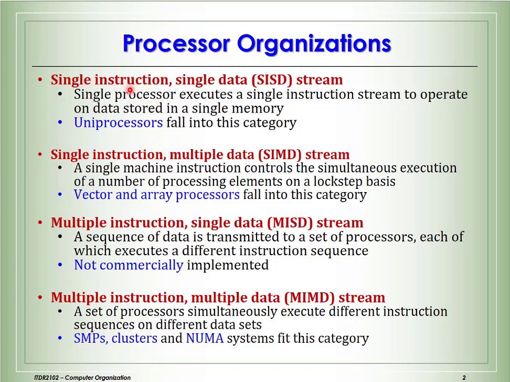As you can see, single instruction, single data stream, an example is the uniprocessor. Single instruction, multiple data stream, examples are vector and array processors. The third one is multiple instruction, single data stream, which is not commercially available. And the last one is multiple instruction, multiple data stream.